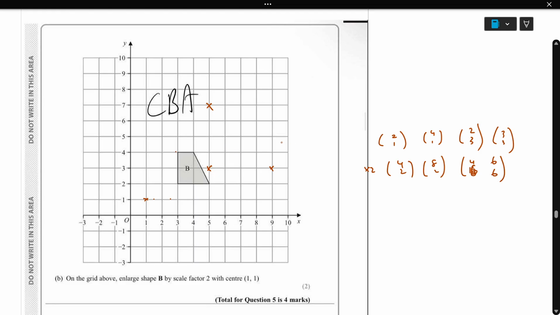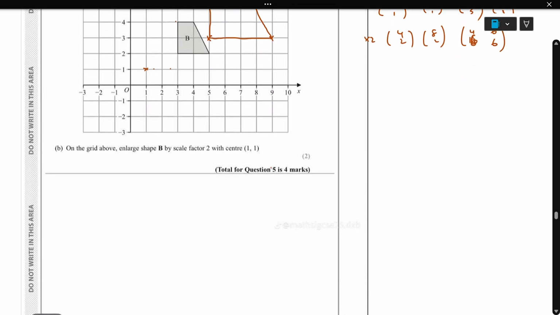And next one, 6 comma 6. It's here. So the shape is going to be here. This is the enlargement.